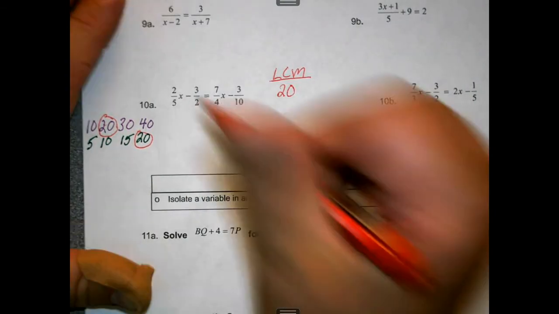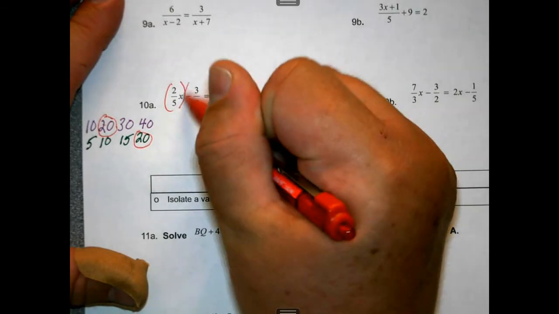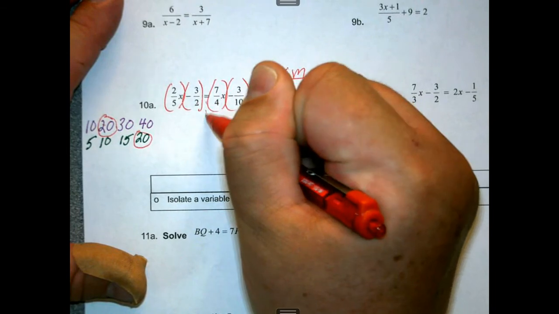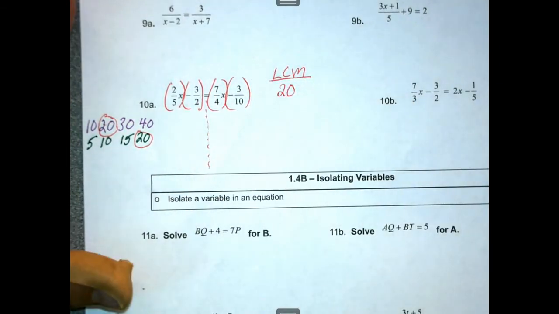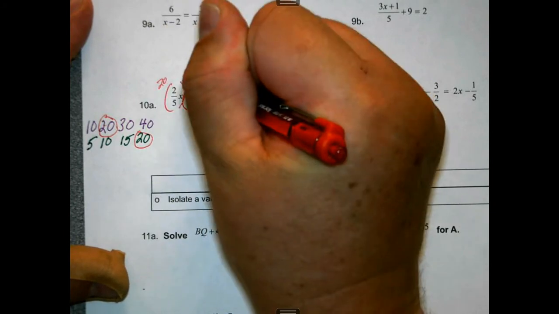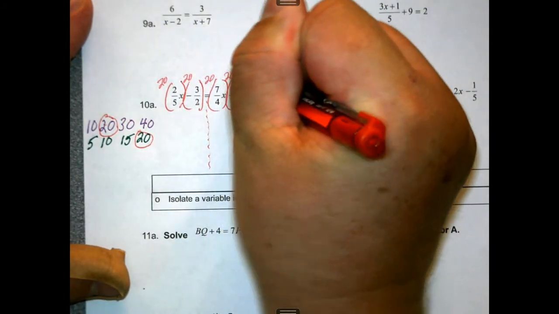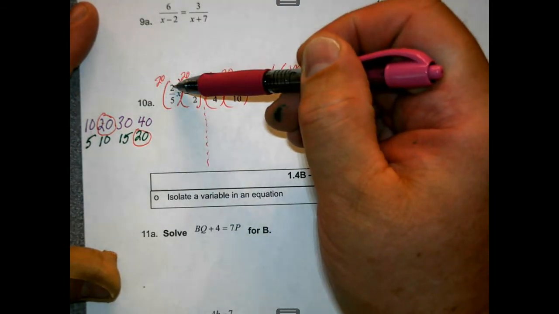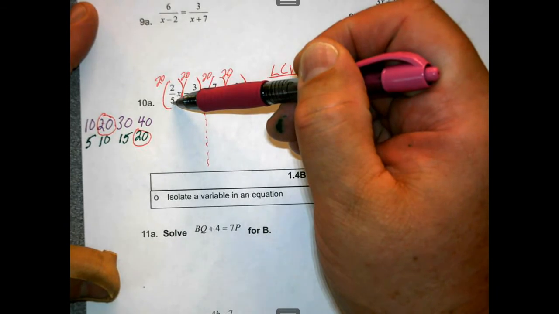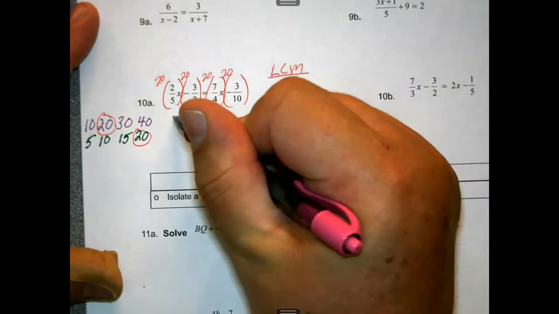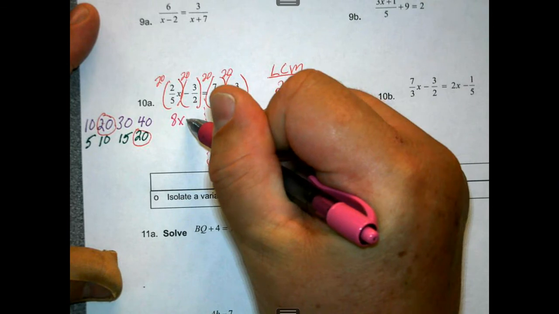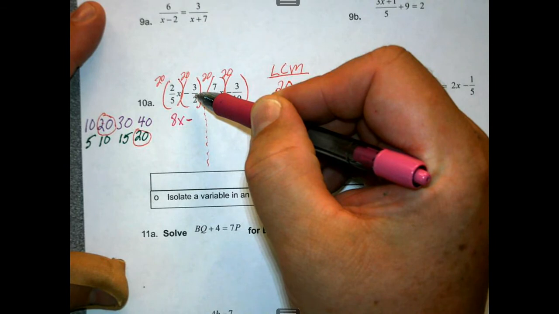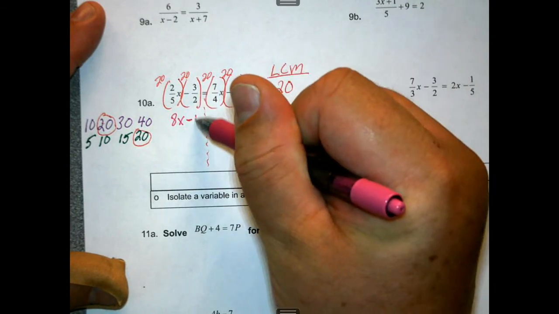And then I'm going to multiply each term by 20. Good. Okay. I'm going to put a little 20 up here. All right. You ready? 20 times 2 is 40. 40 divided by 5 is 8x, minus 20 times 3, 60 divided by 2, 30.